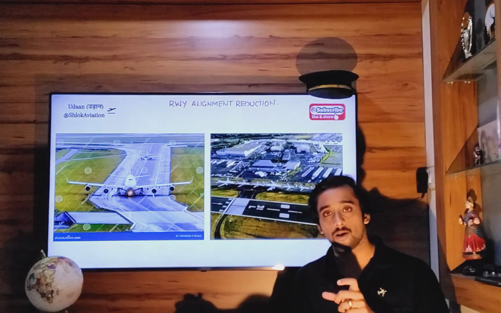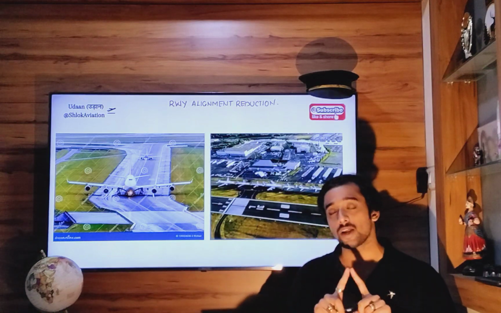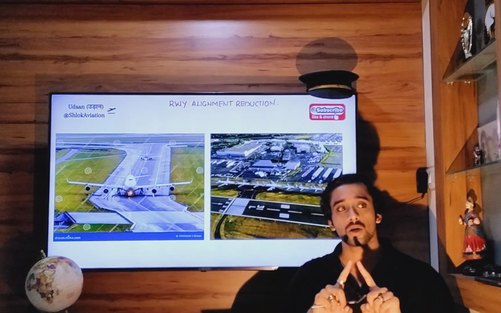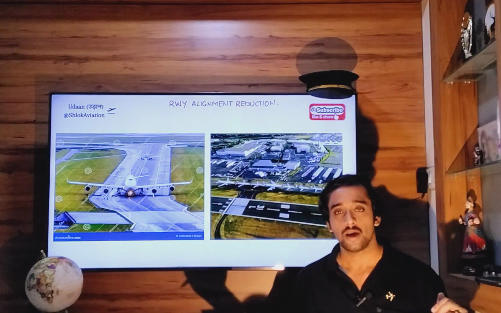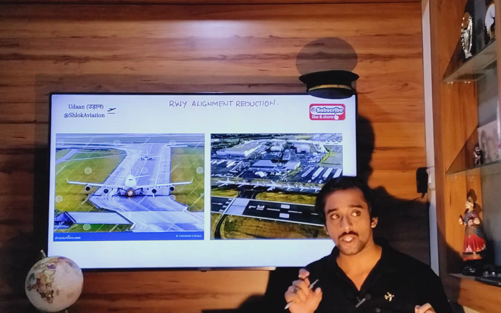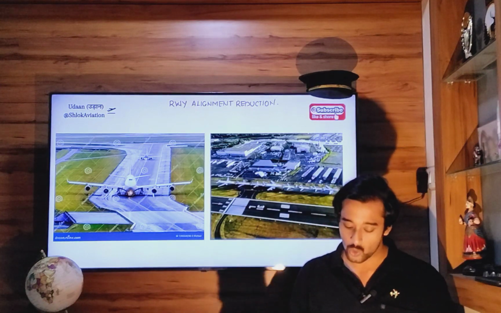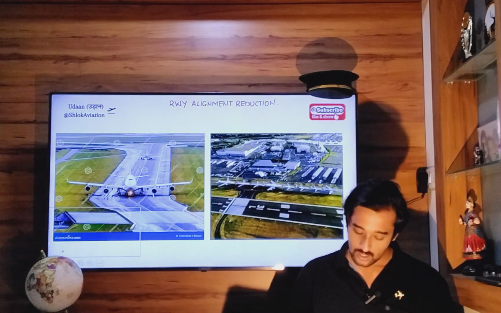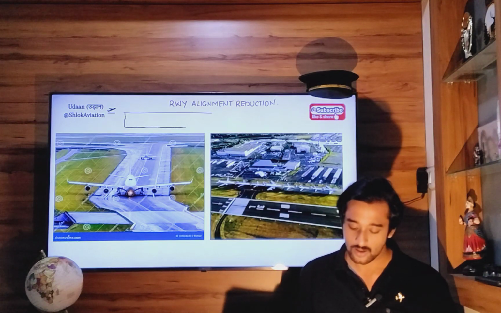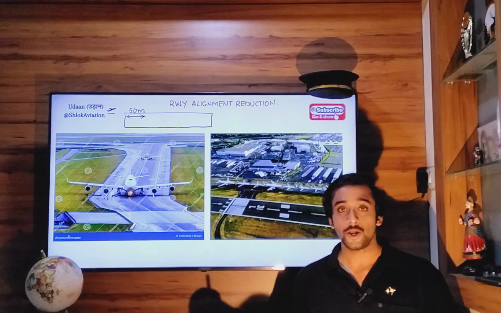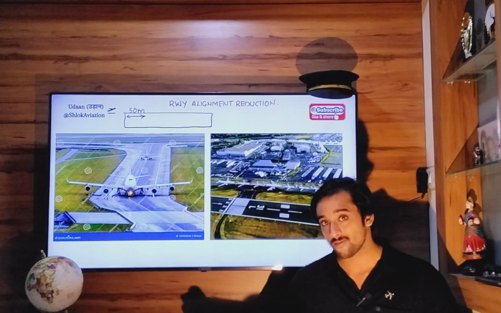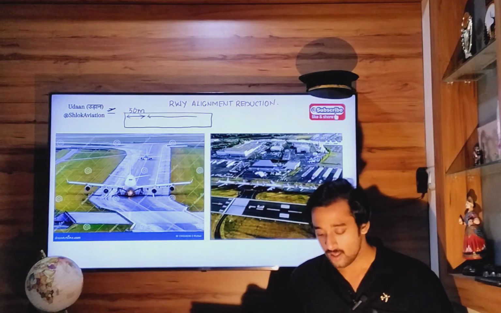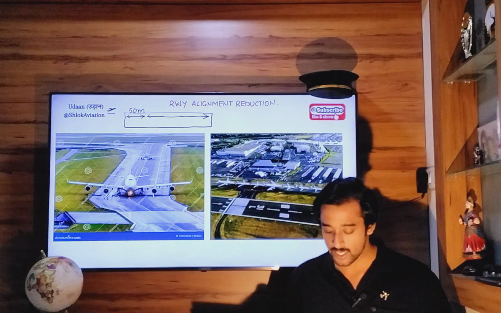So we have to take account of it. If the takeoff run available is, let's say, 1000 meters, and you are consuming the initial 50 meters in maneuvering your aircraft and lining it up with the runway center line, what is the actual runway available for you to conduct the takeoff roll?